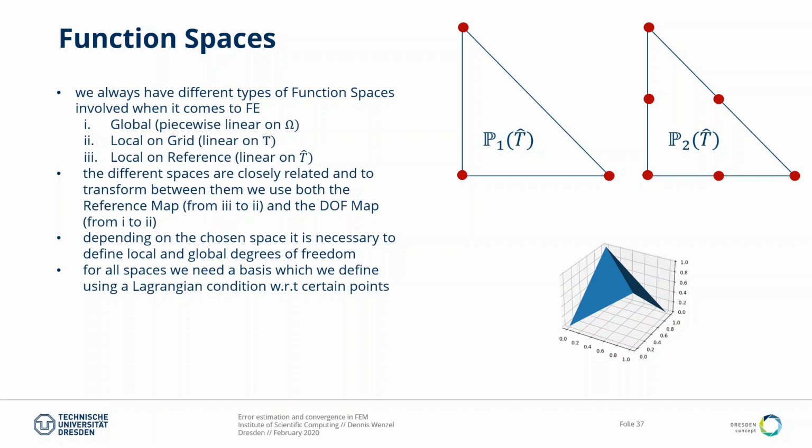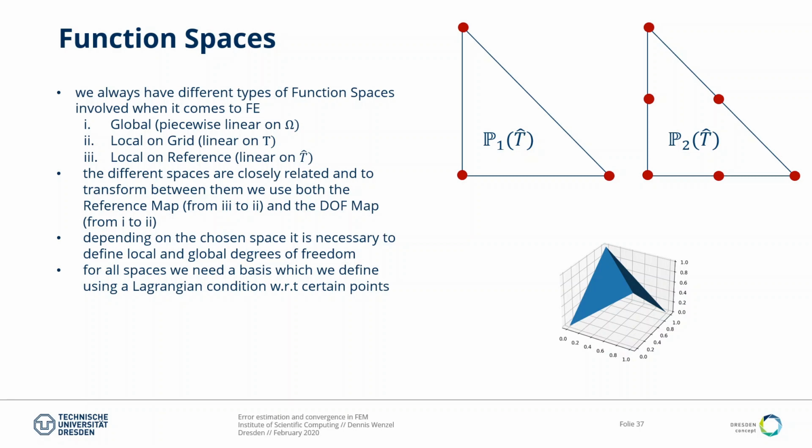And then we had an additional local function space on the reference map, on the reference cell, which were again actual polynomials. And we have seen how to transform between them. Using the reference map, we could transform between the grid and the reference cells. And using the DOF map, we could identify the global basis functions with the local ones.